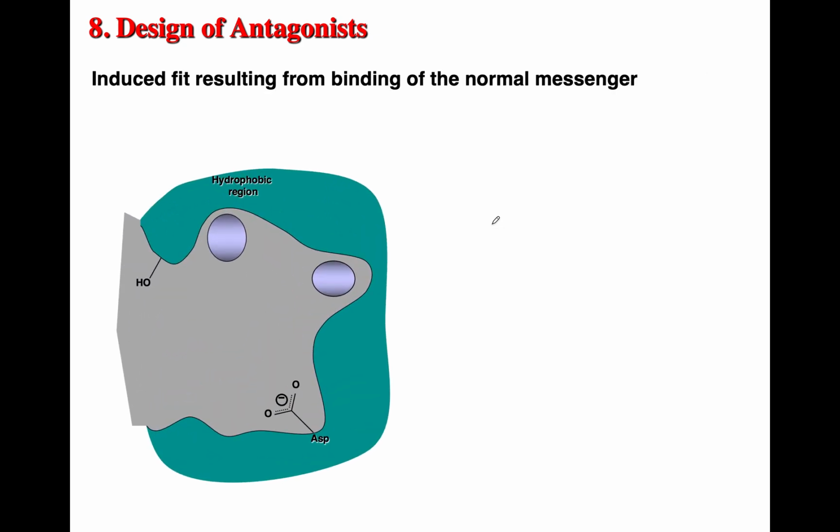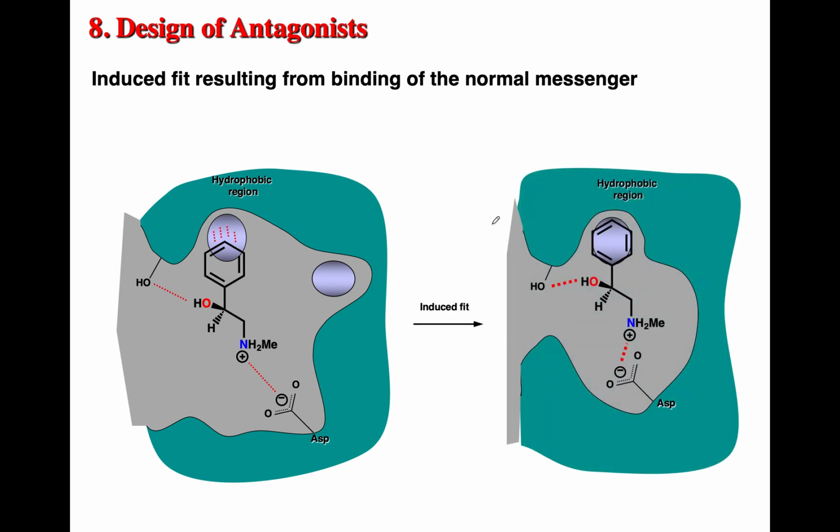And so when you look at the way the neurotransmitter will fit in the binding site, it goes in, it starts interacting, and then because of the induced fit, the receptor is going to change its shape to accommodate that particular neurotransmitter, just to make sure that the bond length is optimized, the orientation of the molecules is also optimized.